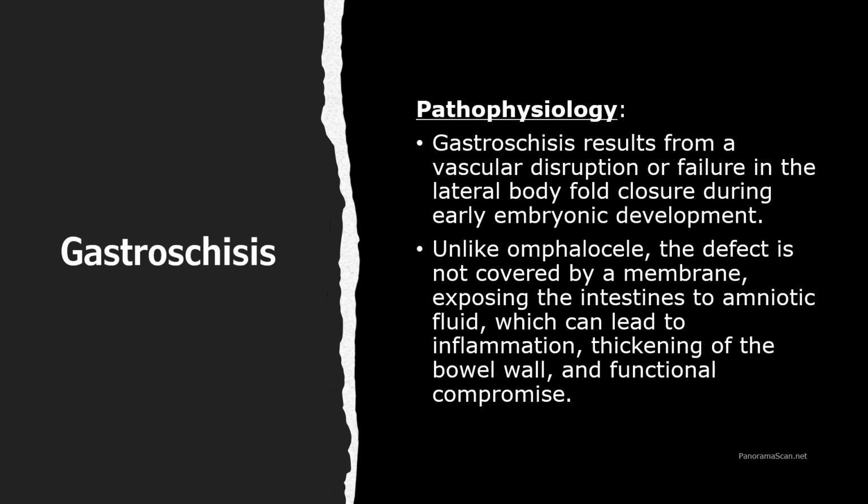This exposure can lead to inflammation, thickening of the bowel wall, and potential functional compromise of the intestines. These pathological changes play a significant role in the challenges encountered during postnatal management.